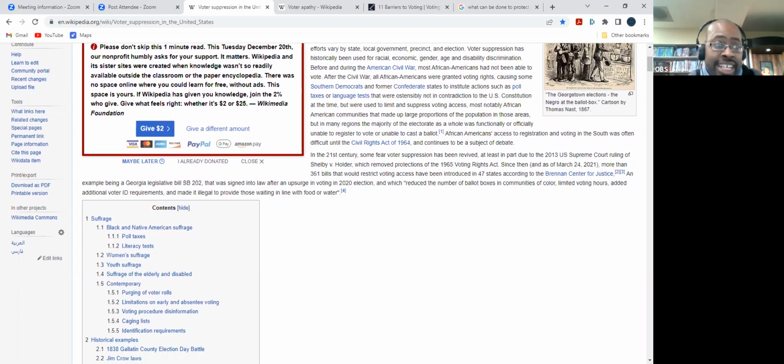An example being a Georgia legislative bill, Senate Bill 202, that was signed into law after an upsurge of voting in the 2020 presidential election, and which reduced the number of ballot boxes in communities of color, limited voting hours, added additional voting ID requirements, and made it illegal to provide those waiting in line with food and water.